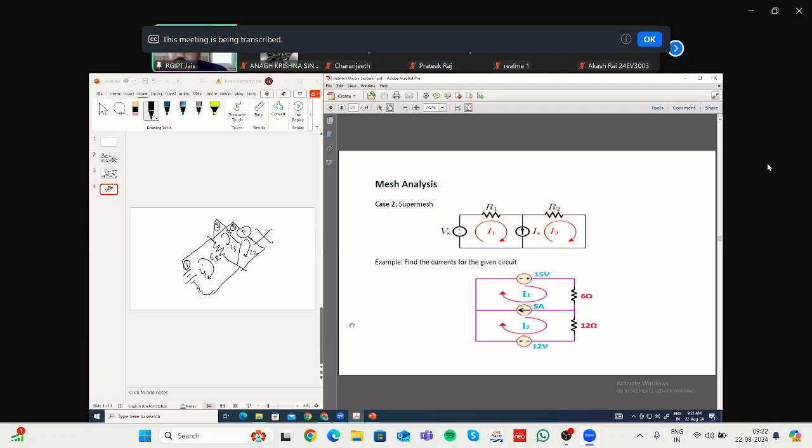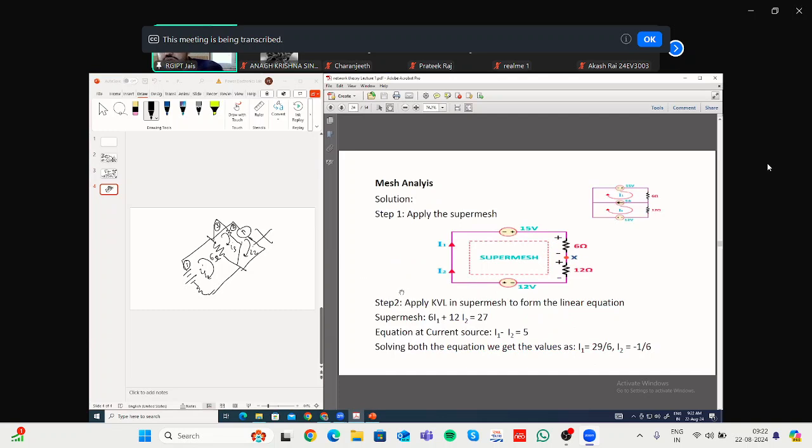Now what you have to do? You have to remove this. It is the same circuit, but what we have done is remove this 5 ampere current source and merge these two meshes. By removing that, what happened?